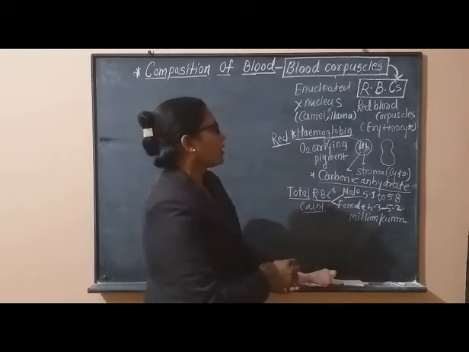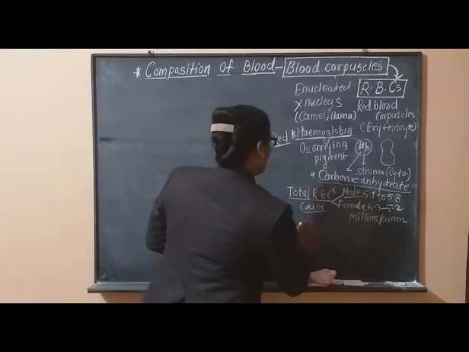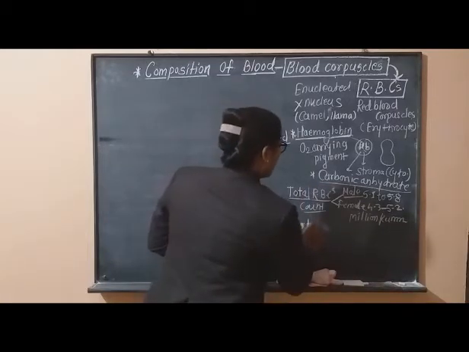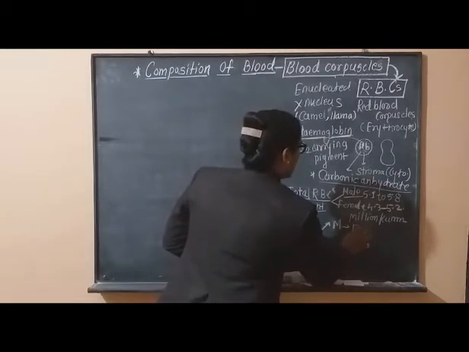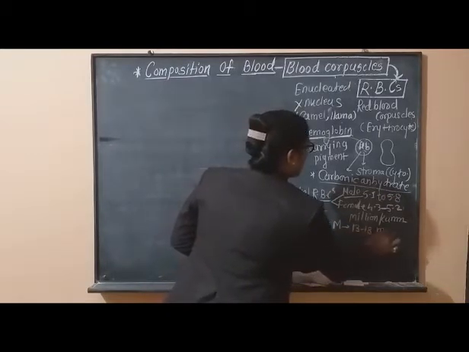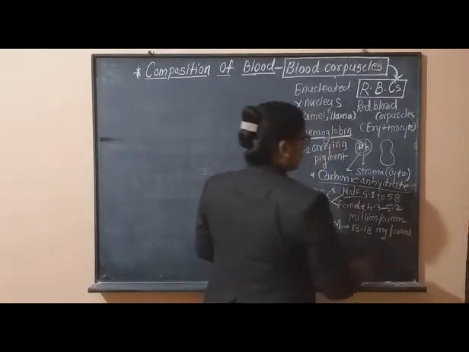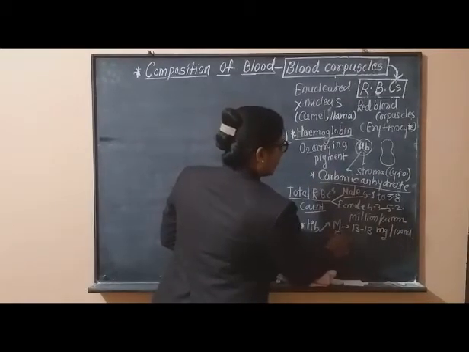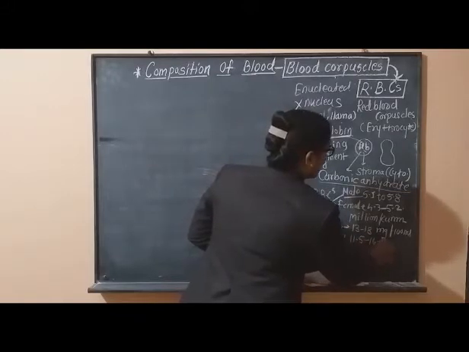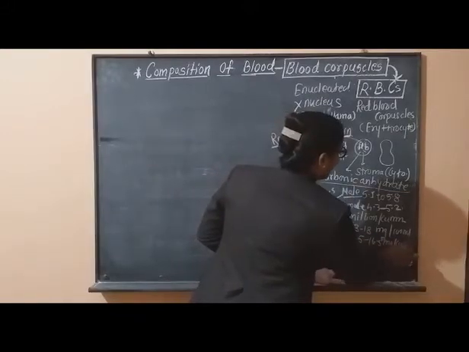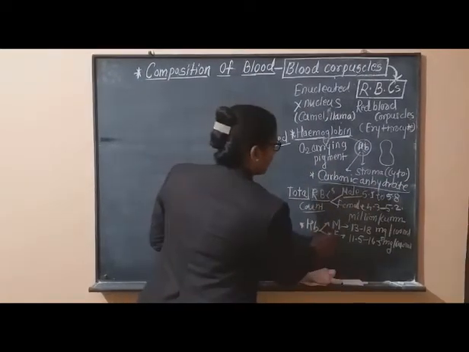Now, the hemoglobin present inside this RBC also has normal values. In case of male, the hemoglobin is nearly 13 to 18 milligram per 100 ml of blood. And in case of female, it is nearly 11.5 to 16.5 milligram per 100 ml. This is called hemoglobin count.